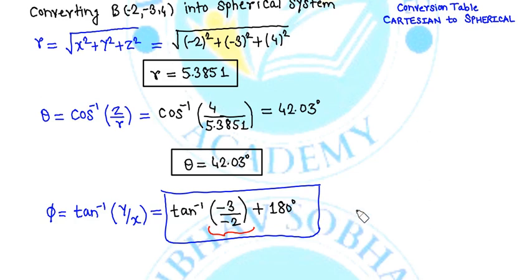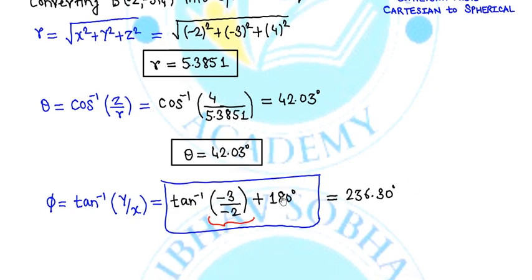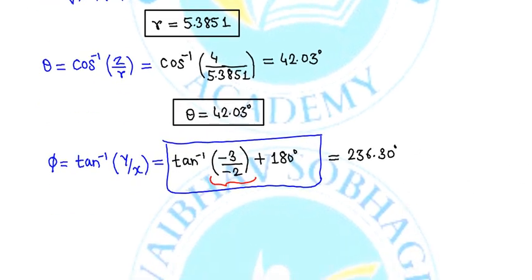I hope you take note of that. So if you calculate this phi value, it comes around 236.30 degrees. So this is your angle phi, which is equal to 236.30.